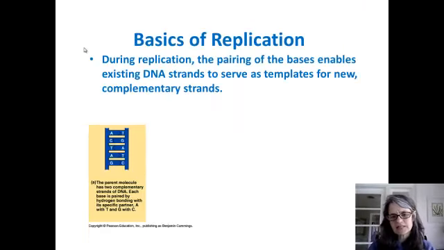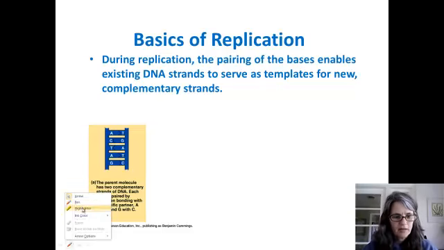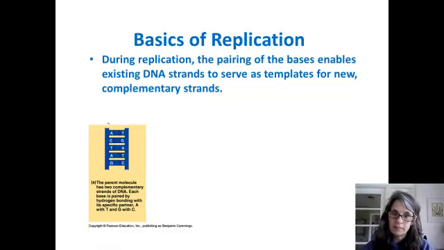Okay? The basics of it are really simple and were kind of readily apparent once we figured out how DNA was built. Once scientists figured out that DNA had this complementary structure. If there's an A on this side, then there must be a T on the other strand. If there's a C over here, there must be a G over here.